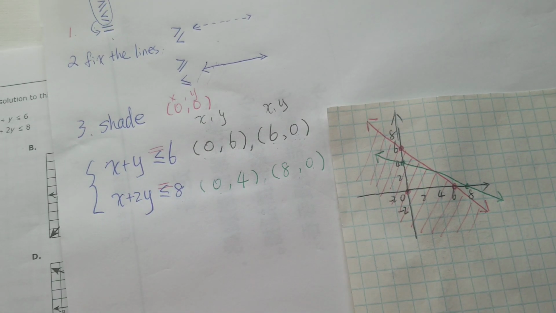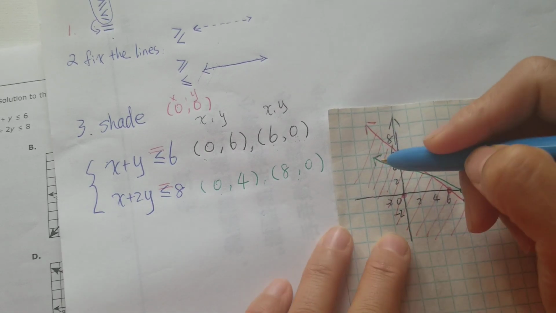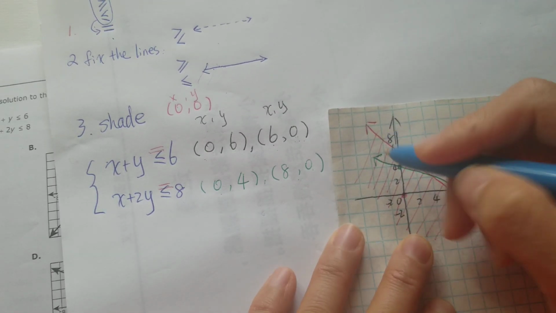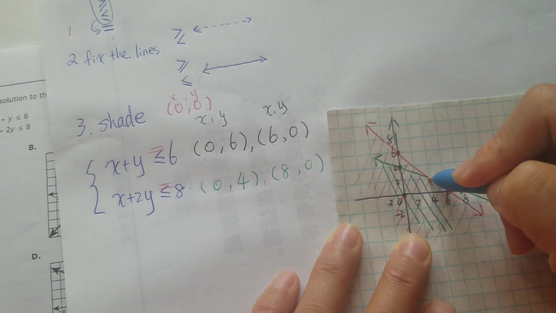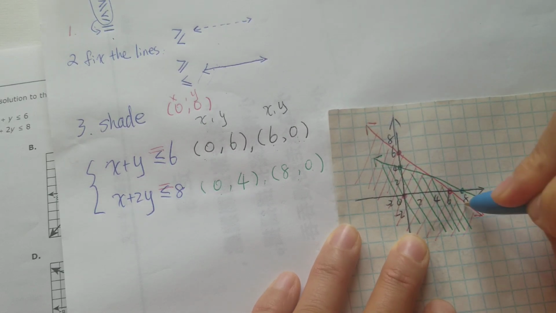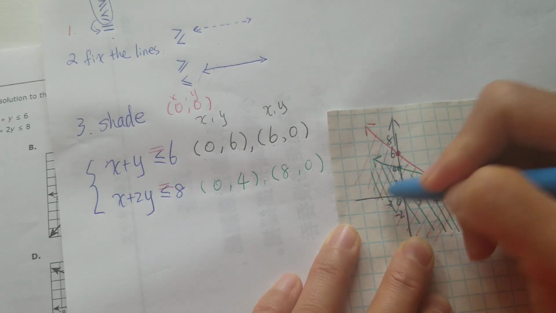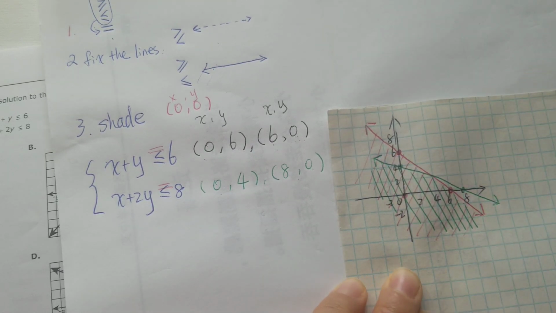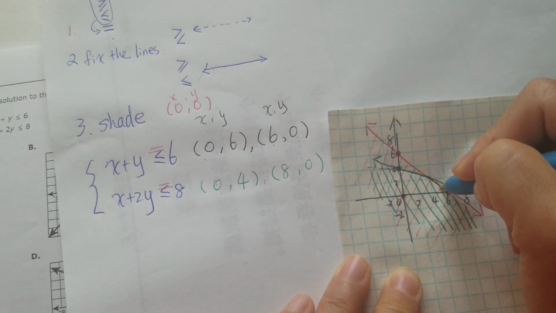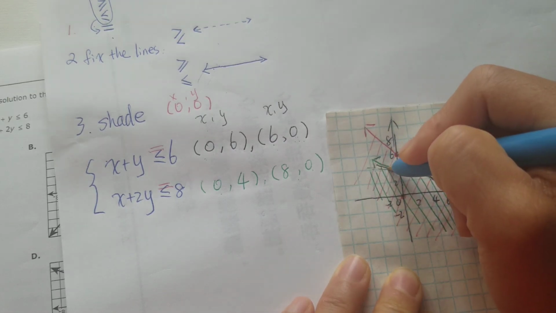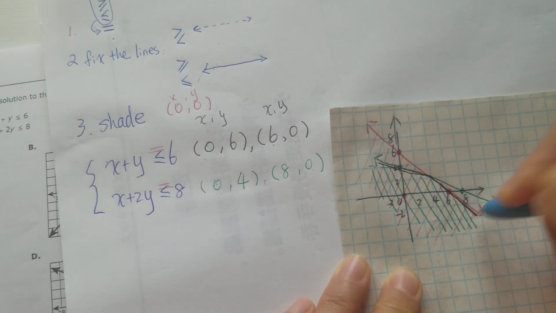Yes, my guess is right. However, this time I will only shade the overlap area, which means only below the red and the green line, the double shaded area, is your solution area. Okay, that's your solution area.